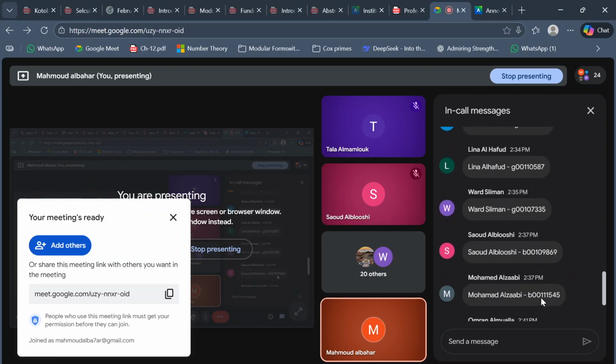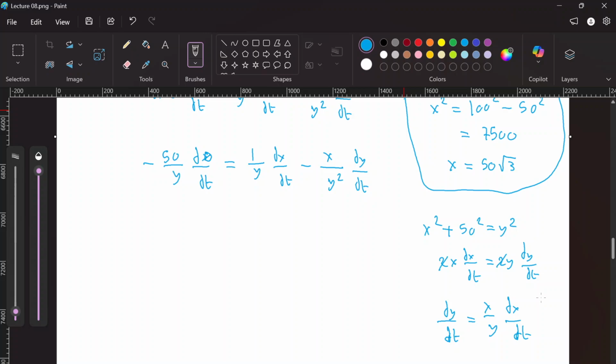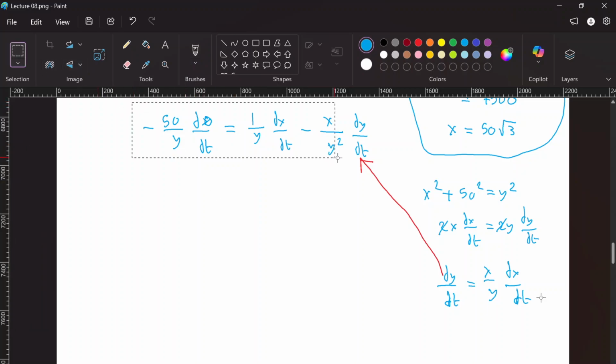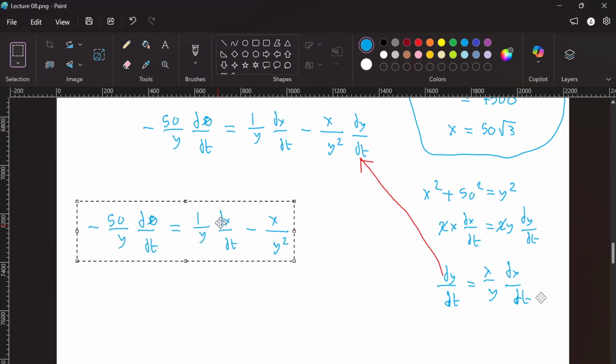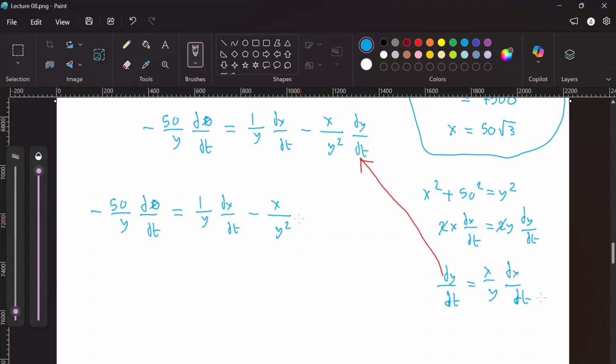And now let's substitute dy over dt in the equation. So here I will substitute dy over dt here. Good. So let's start. So we have this same thing, but instead of dy over dt, this one, x over y.